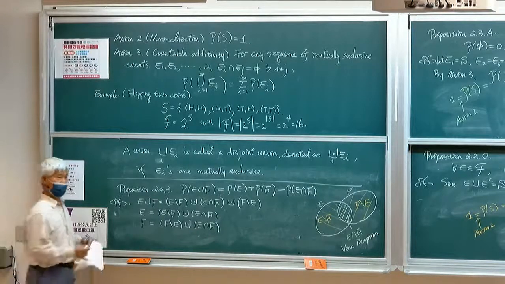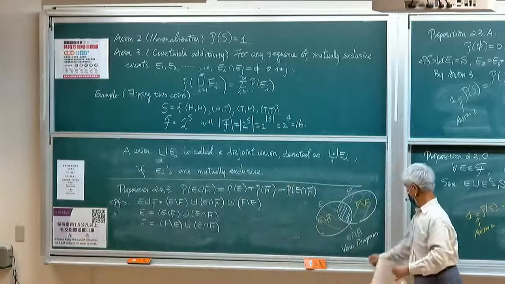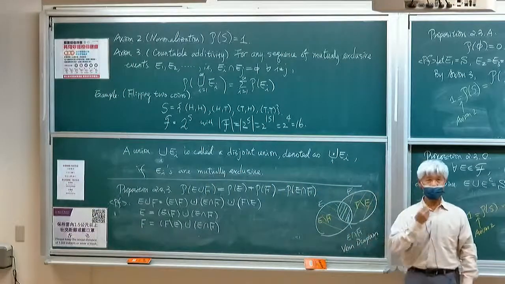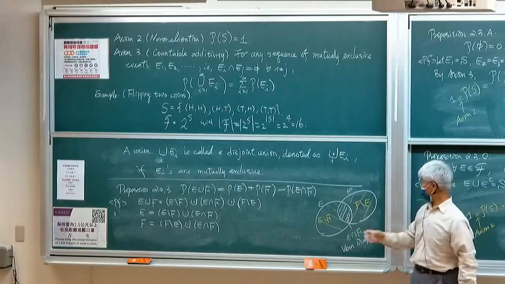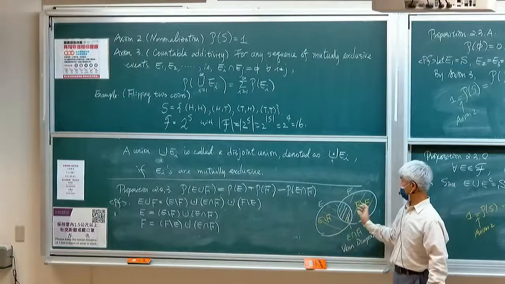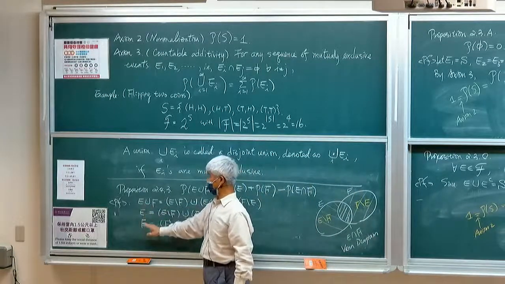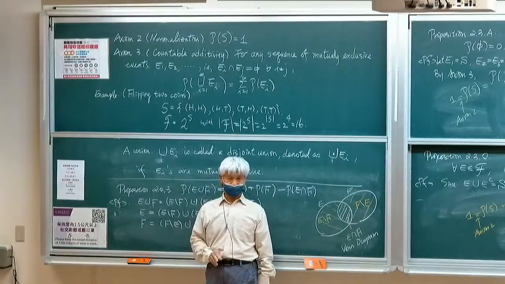Okay, so the idea is that we find some basic building block. We find 3 basic building blocks and use these 3 basic building blocks to build the union and the E and F themselves. That's all.